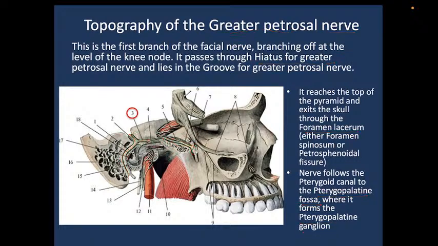Let me show it again. This is the pterygopalatine ganglion, and this ganglion contains neurons of the parasympathetic system. That is the second neuron of the visceral innervation.